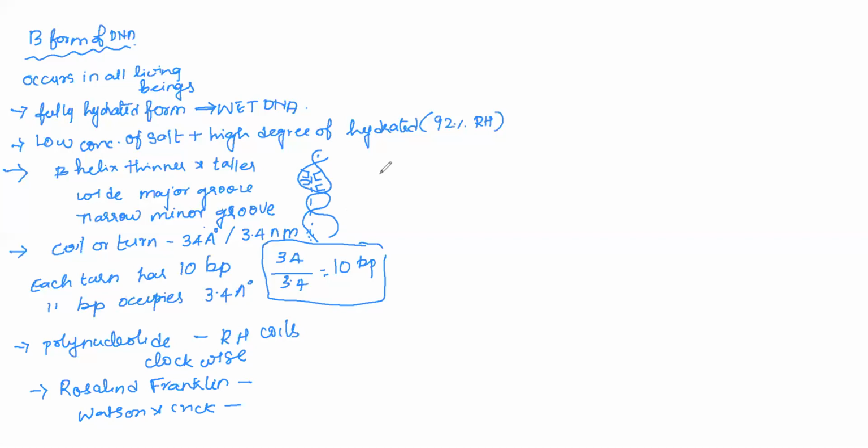Now let's move on to the next form, that is the A form. Let me just write it here. The A form is also right-handed DNA.